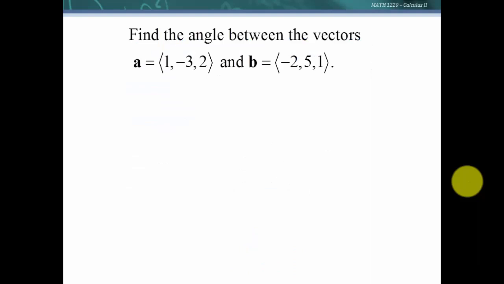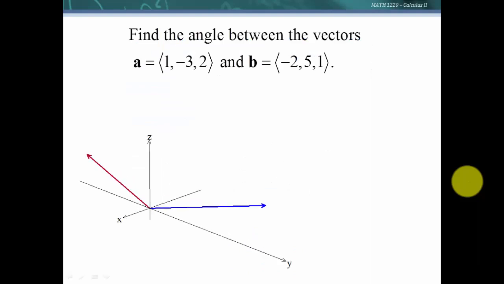So let's go ahead and find the angle between these two vectors. This is what these two vectors look like, and we would find the angle between them. We know the cosine of the angle between them equals the dot product of the two. So we take 1 times negative 2, which is negative 1, plus negative 3 times 5, which is negative 15, plus 2 times 1, which is 2.